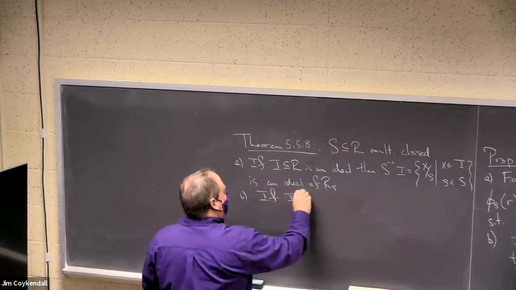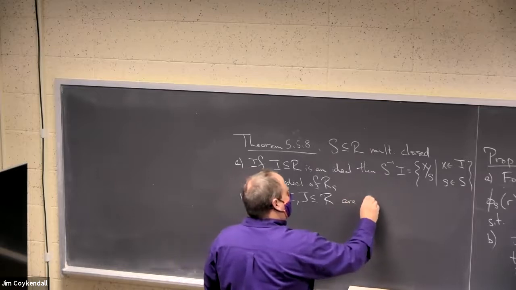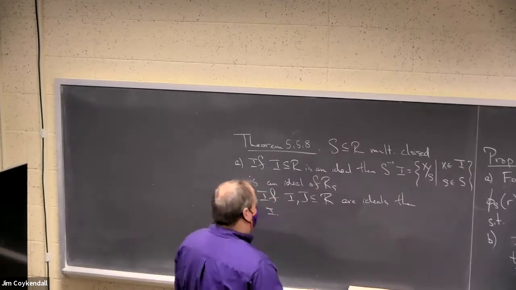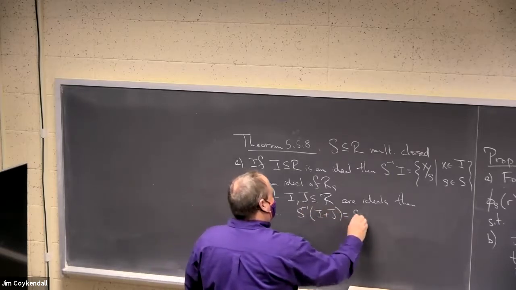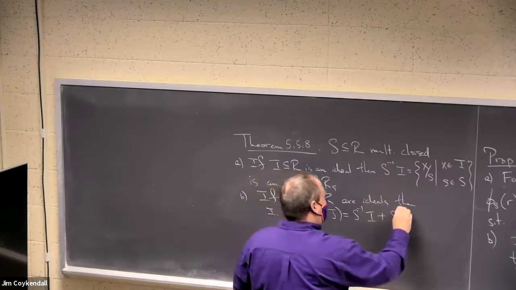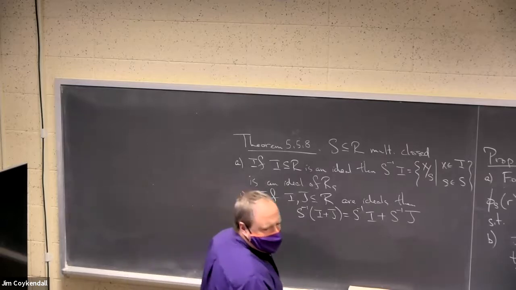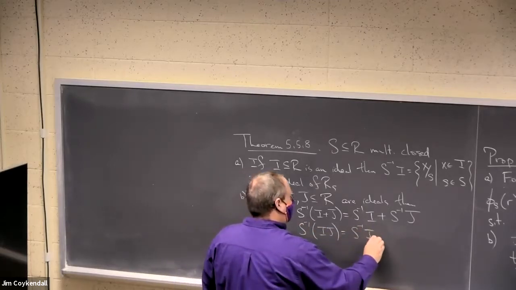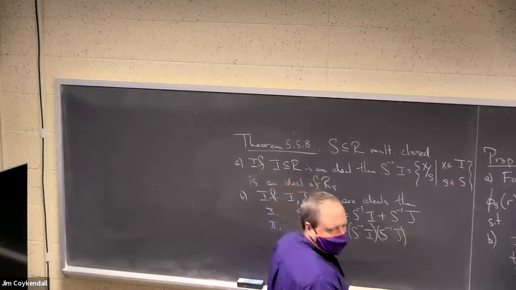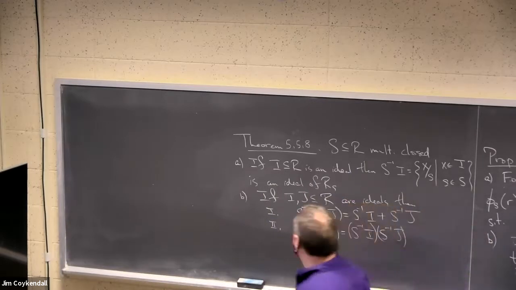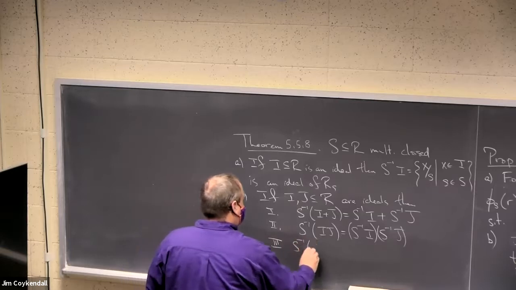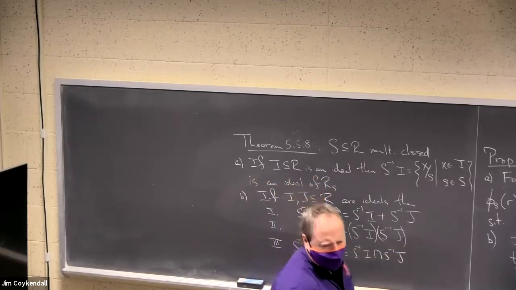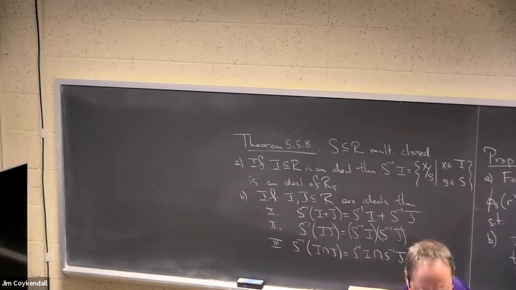If I, J in R are ideals, Roman numeral 1, S inverse (I plus J) equals S inverse I plus S inverse J. Number 2, S inverse (IJ) equals S inverse I times S inverse J. And it also behaves well with intersections. So we have those 3 properties going for us.